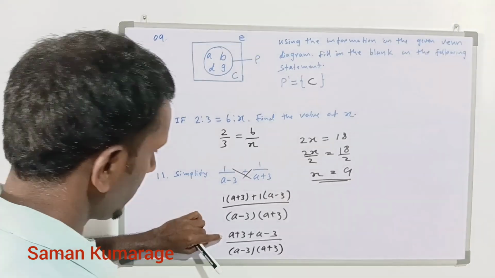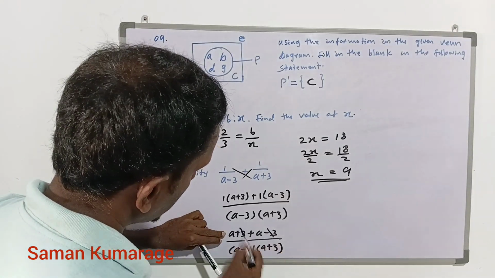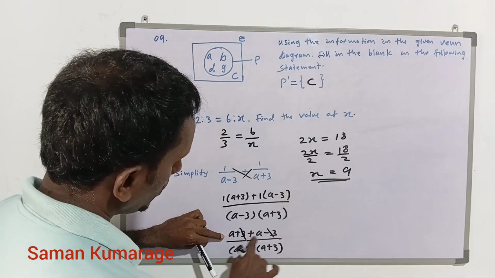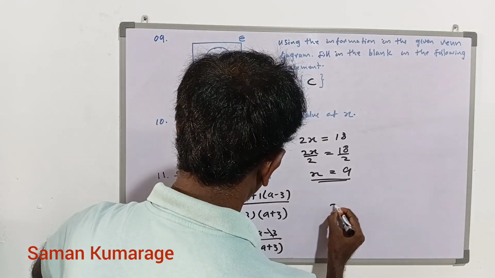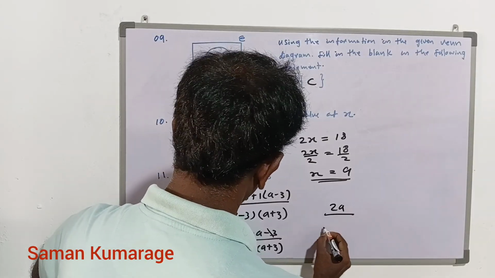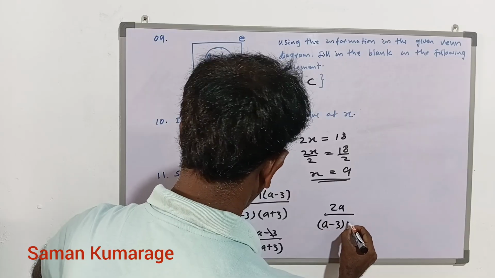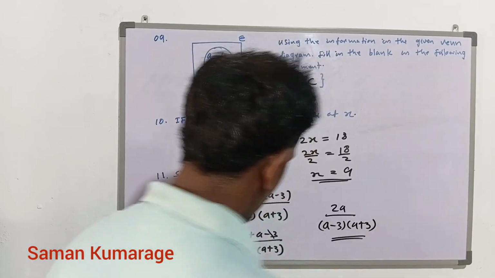Now we can simplify. We can cancel out this 3 with this 3, and then we can add these two like terms. So we get 2a over a minus 3 times a plus 3. This is the answer.